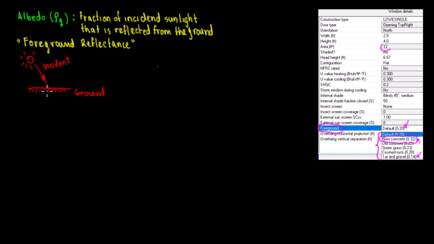Then one part actually is going to be transmitted. Let's put in here transmitted. And the other part is going to be absorbed by the heat, by the ground. We're going to put in here absorbed.